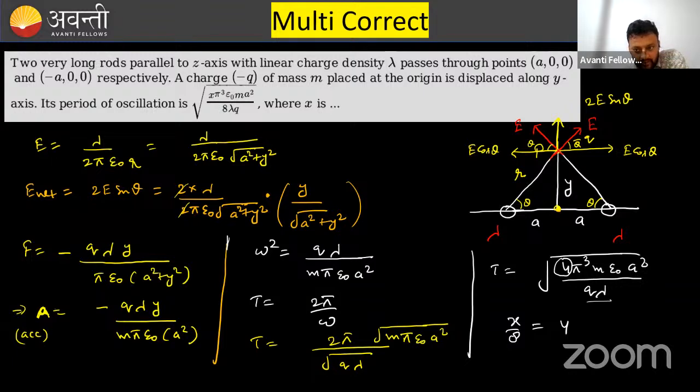In my answer, in place of that, 4 is there. So x is coming out to be what? 32. Where x is what? 32. This should be the answer. 32 is the answer. Integer type question.